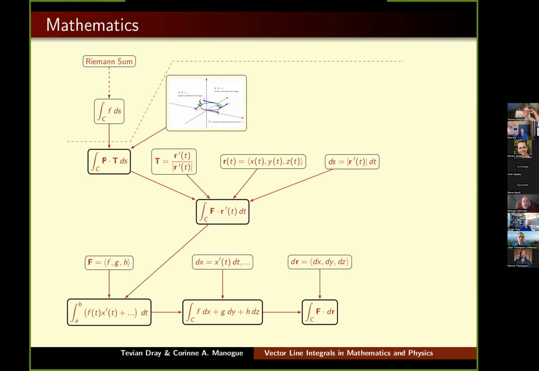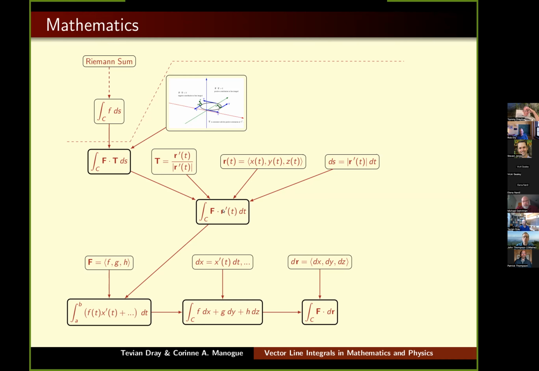The iconic expression is the one over here, F dot T ds, and a lot of effort goes into trying to derive that formulation of what a vector line integral is in terms of previously introduced quantities. It's then unpacked into the one I was trying to start with, because it's the one I tend to think of as most basic, which is what we would call the starting point for calculation.